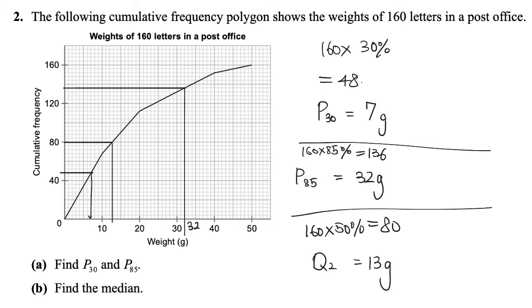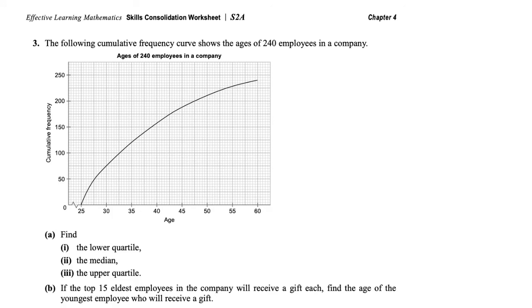gram. Okay, so for this one, lower quartile, you have to find out from the total, that is 240. Lower quartile will be 1/4, so you have 60 here, and then you're going to draw the line, okay, like this here, and then you will have the line here.